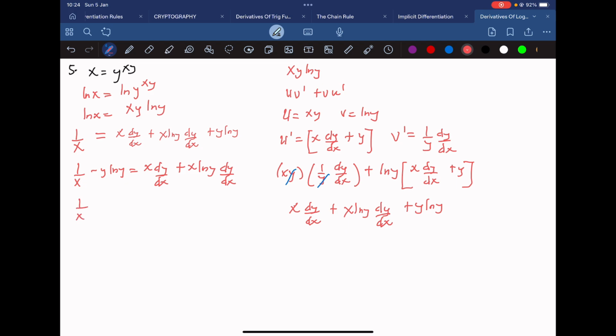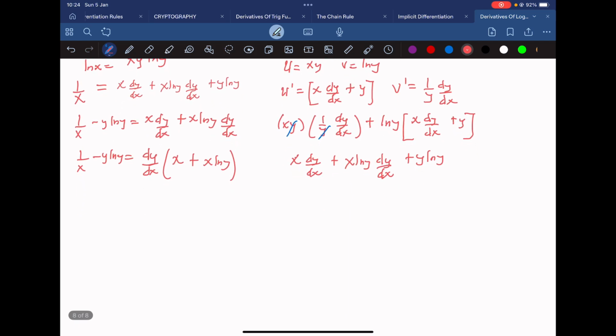So we have 1 over x minus y ln of y. Then if we bring the dy dx out, we just have x plus x ln of y. So to find the dy dx, we just have to divide through by x plus x ln y.